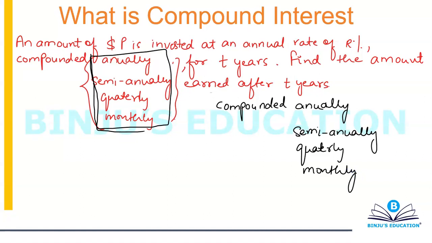Now try and understand. I'll try to be as clear as possible and make you understand in the simplest way possible. When you say that your money is being compounded annually, irrespective of what your rate of interest is, whether it's an annual rate of interest or monthly rate of interest, irrespective of the unit of the rate of interest and irrespective of the unit of time period, if your money is being compounded annually, then this means that you're going to receive your interest after 1 year.